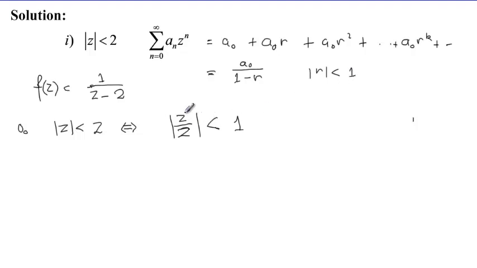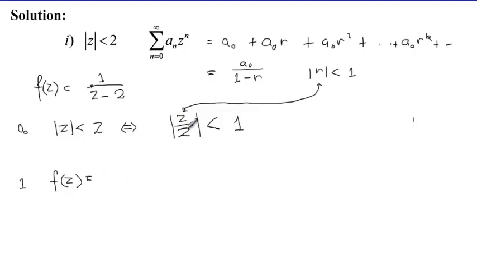So we can parallel z over 2 and r. Now as we take our z over 2 to represent r, then in our first step, after understanding this condition, we'll take the expression of f of z and manipulate it in such a way that it looks like a sum of a geometric series, where our r is going to be z over 2.